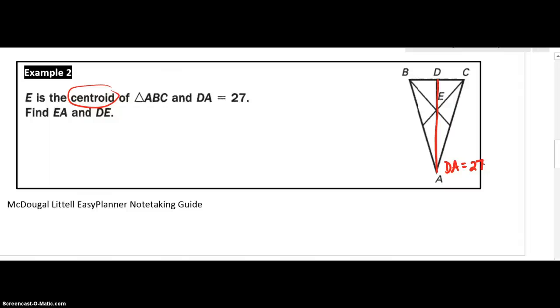Let's divide that into 3 pieces or into thirds. We get 9, right? Now we're going to have a small piece of the median, and we're going to have a longer piece of the median. The small piece of the median is 1/3, so it's the 9.